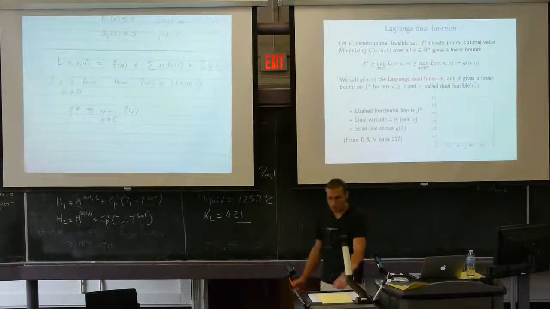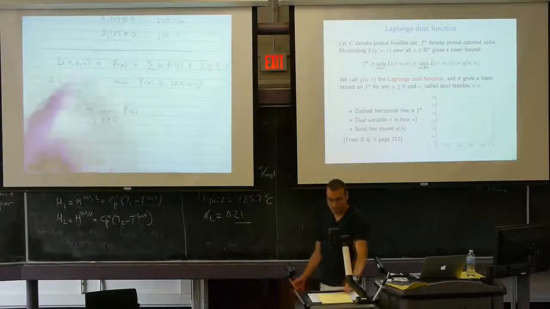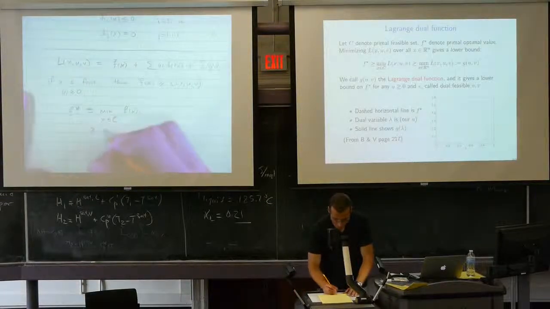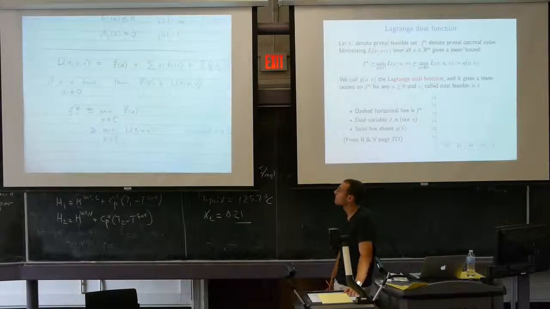And because I know that f of x is bigger than or equal to L of x, u, v for every u and v where u is non-negative and x is feasible, I can certainly write that as bigger than or equal to the minimum over all feasible x of L of x, u, v, provided u is bigger than or equal to 0.